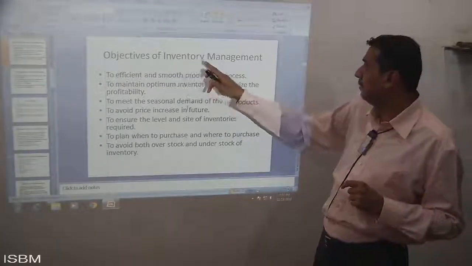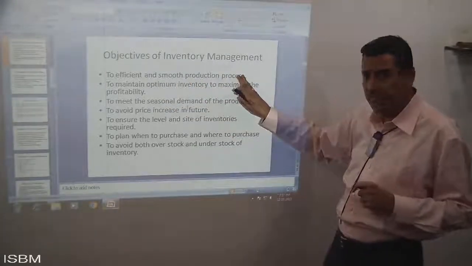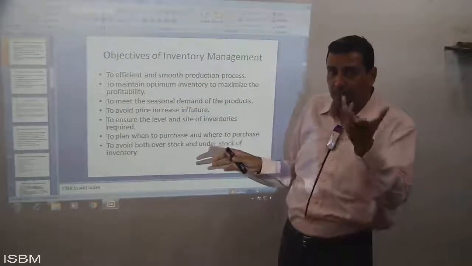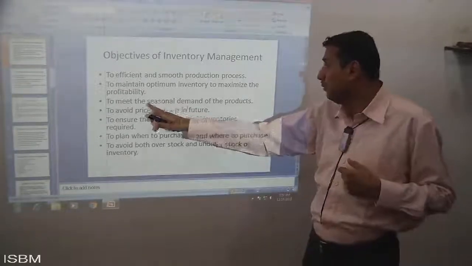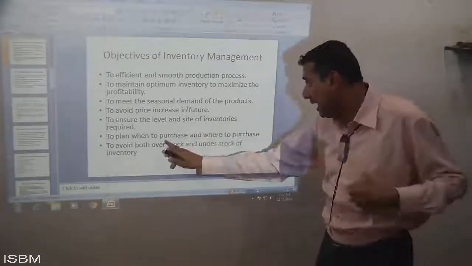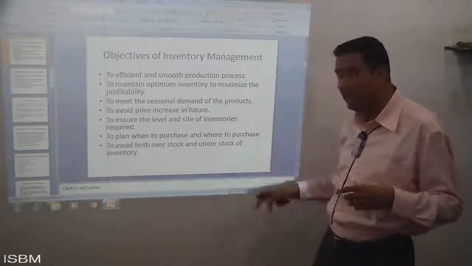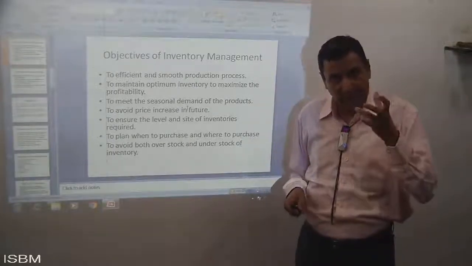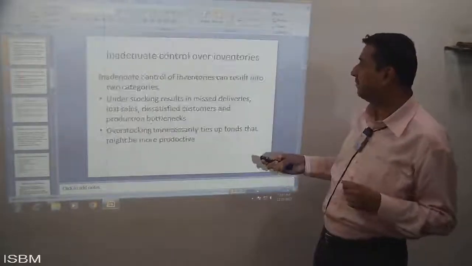Then we understood the objectives of inventory management: efficient and smooth production that is not hampered, not losing sales because of shortage of inventory, meeting the seasonal demand of the product, ensuring the level and size of inventory required, planning when and where to purchase, and avoiding both overstocking and understocking. The whole object of inventory management is to avoid understocking and overstocking.